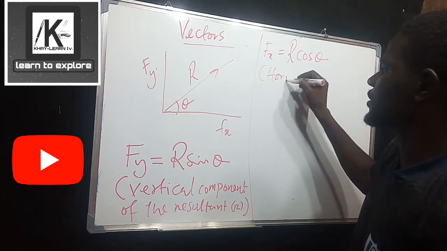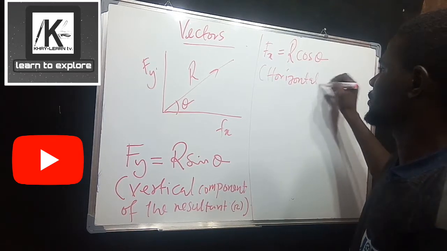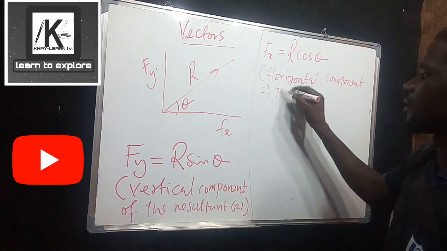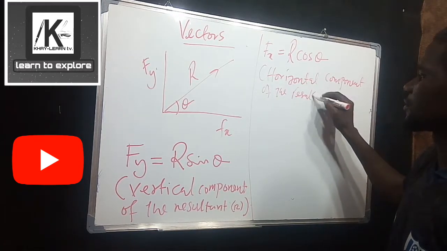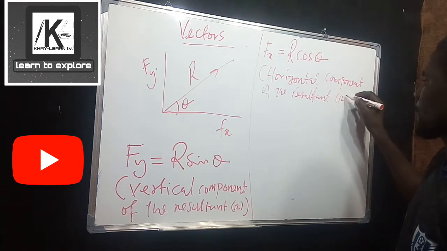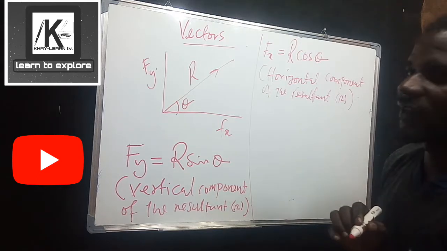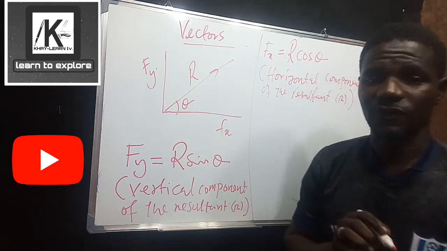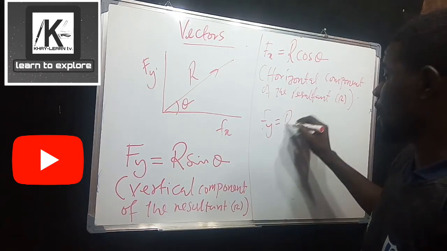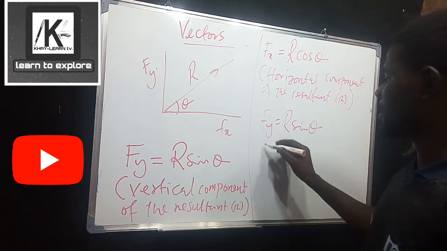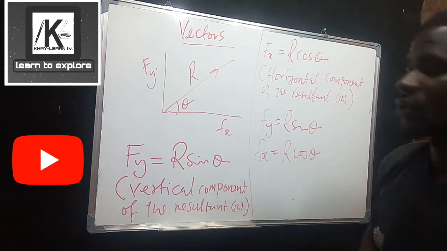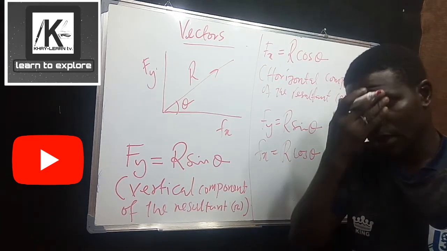This is the horizontal component of the resultant vector R. So these are the two components that combine together to form our R: Fy equals R sine theta and Fx equals R cos theta.